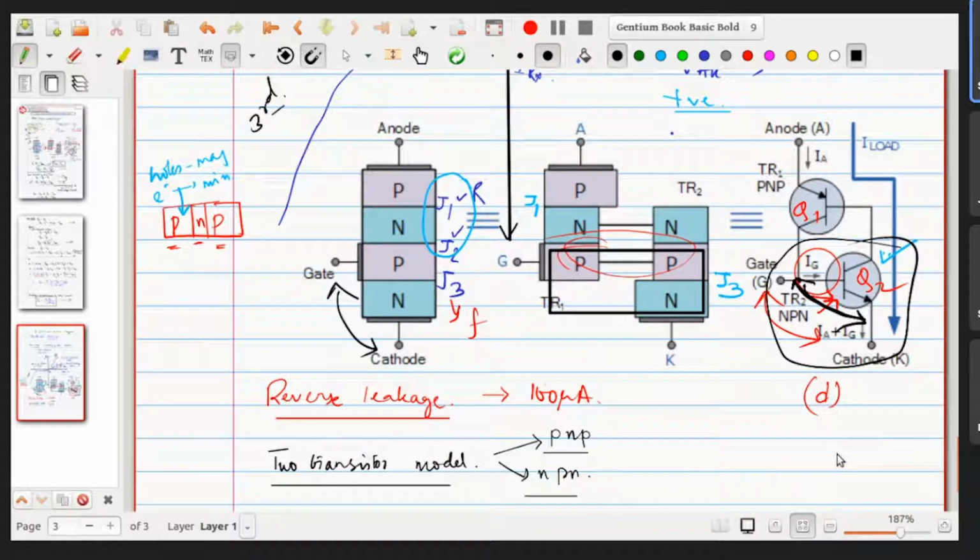Now you can say that, sir, you are contradicting yourself. You started with telling that if the anode to cathode voltage, if the conduction current is more, the device will be in the turn on state. But right now I am telling that under these circumstances, if you can increase the gate current, then even with smaller anode to cathode current, the device can be turned on.